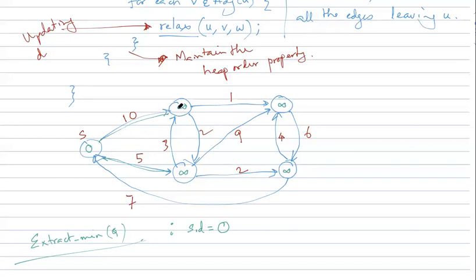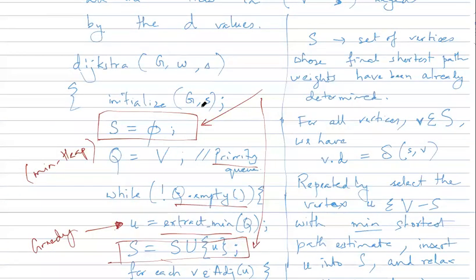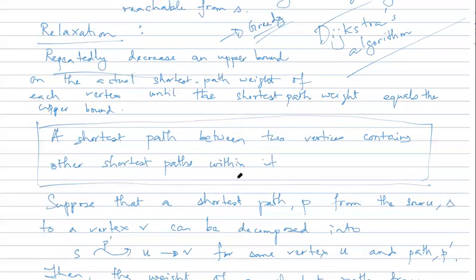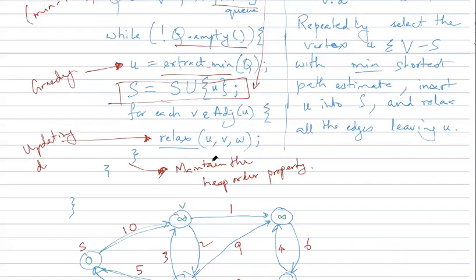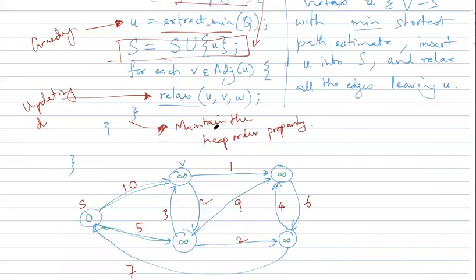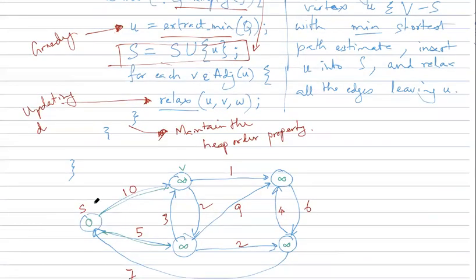Now I want to see with respect to this V, you see this is U and this is V, correct?